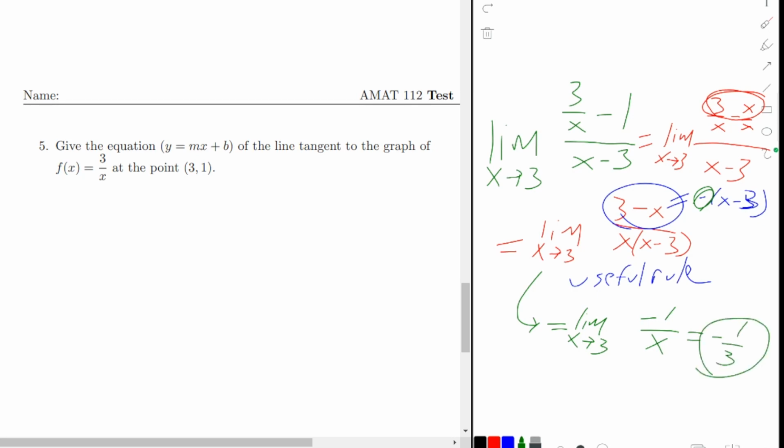Okay? Let's pause for a moment. Look at what we've done here. We calculated the slope of the line tangent to the graph at 3, 1 from scratch. And we got that slope is negative 1/3.